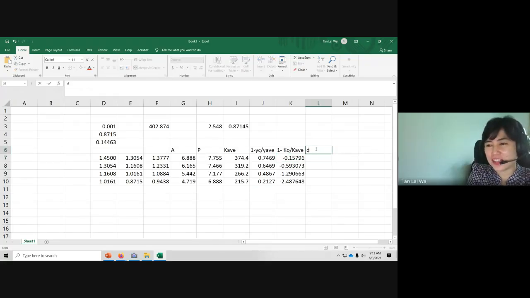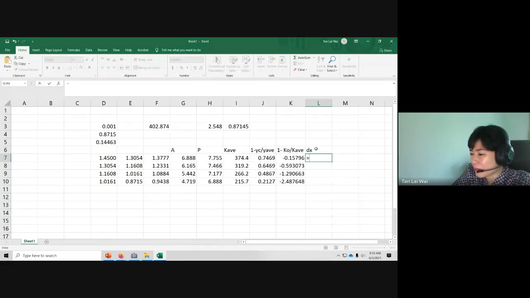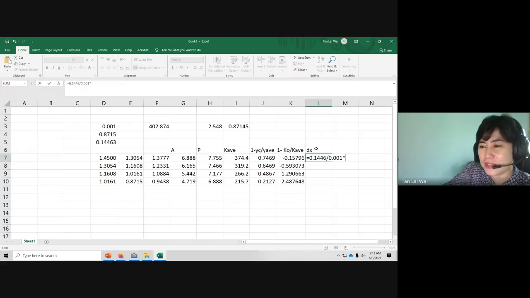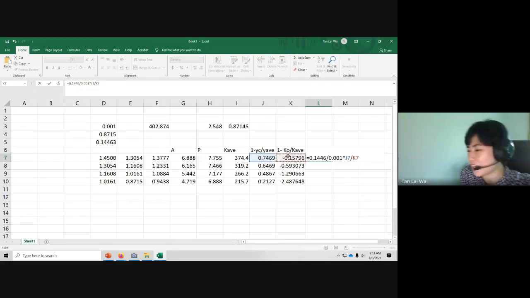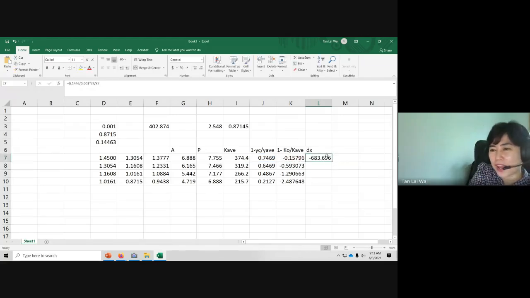Therefore, dx would be, if you have your formula with you, I have dy 0.1446 divided by s naught, which is 0.001. This is constant. Times this guy divided by this guy. So easy, right? Since you already have the columns there, I have it here.